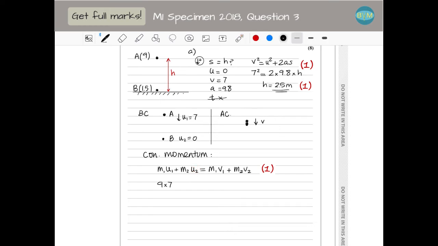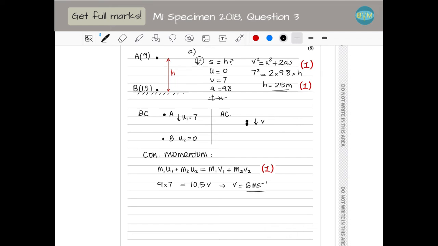This velocity is going to be, they are moving both together, so M1 plus M2, which is 9 plus 1.5, 10.5, times the final velocity that they have both together, V. So from here, V is 6 meters per second.